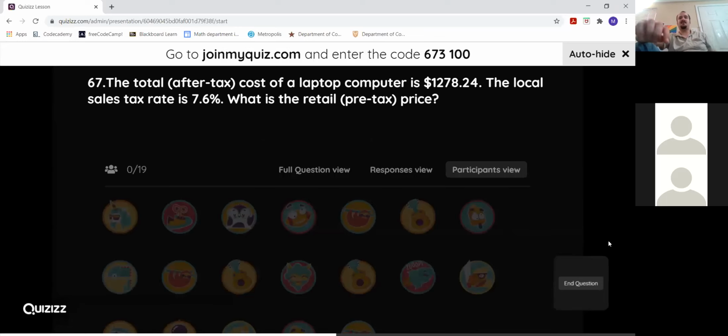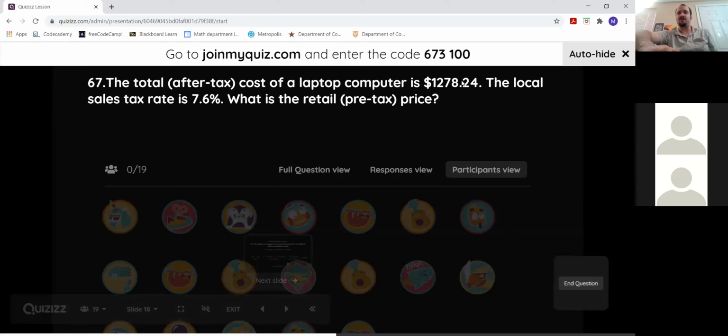The total after-tax cost of a laptop is $1,278.24. The local tax rate is 7.6%. What is the pre-tax price?